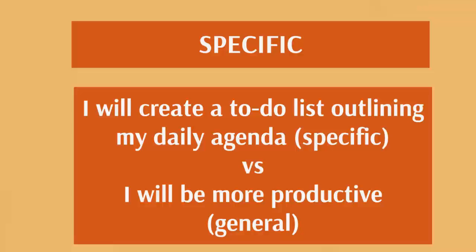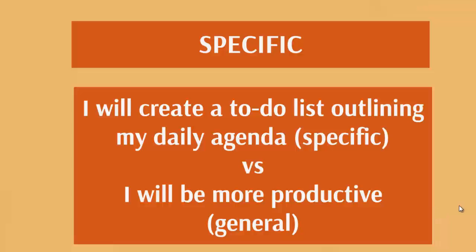When you wake up, what are your major to-do items that are constantly ongoing? And then what are the main to-do items that you have to have done, and which ones are kind of optional? And of course, versus "I will be more productive."